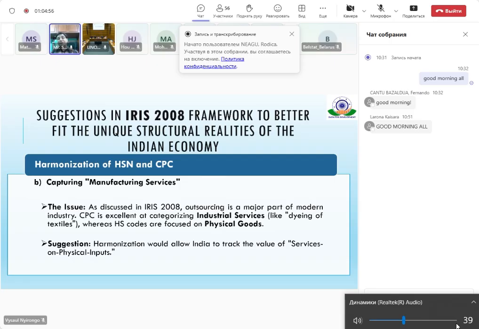The example is dyeing of textiles, which is a major issue. Harmonization, CPC may capture it, but HS codes are focused on physical goods. This is also a critical issue as far as India is concerned. Maybe for most countries we cannot comment, but from the Indian perspective, I request the task team to consider these issues also.